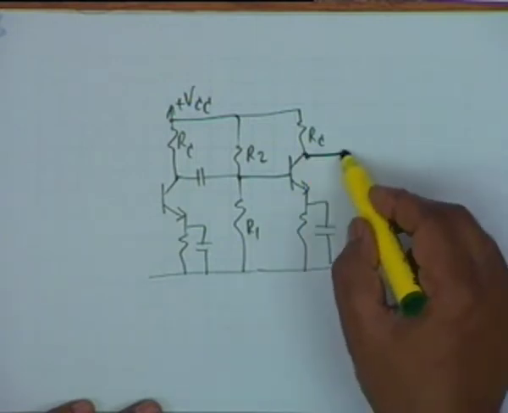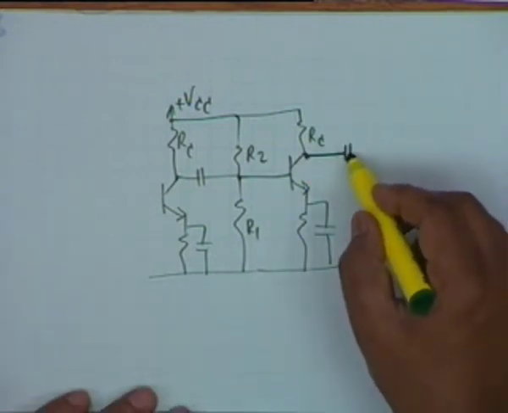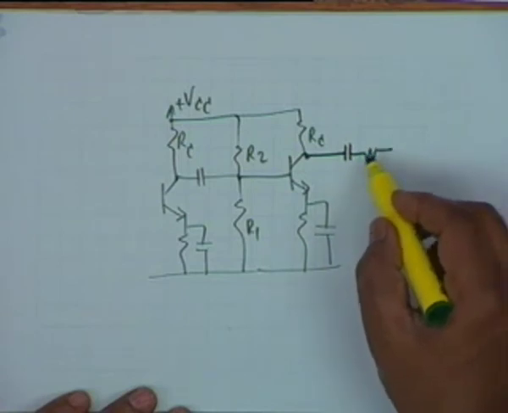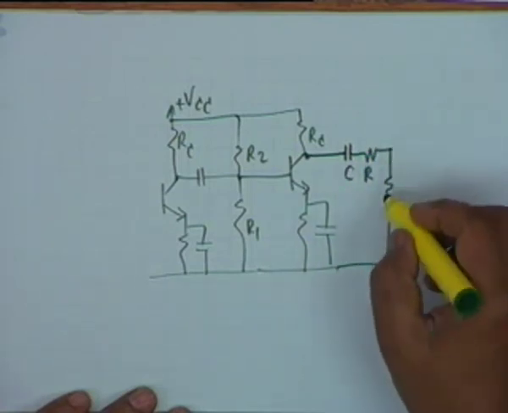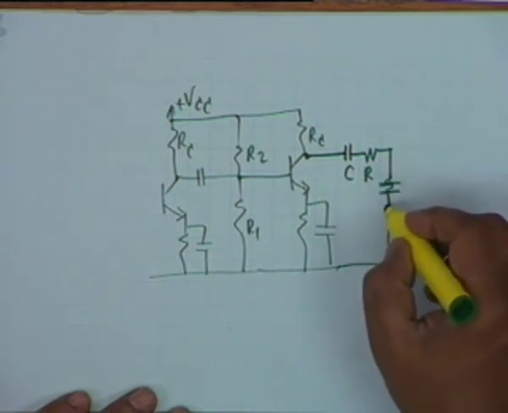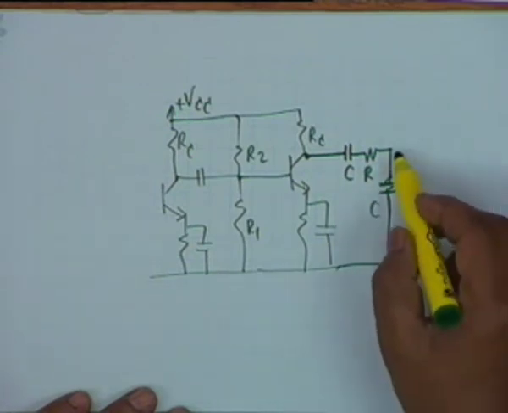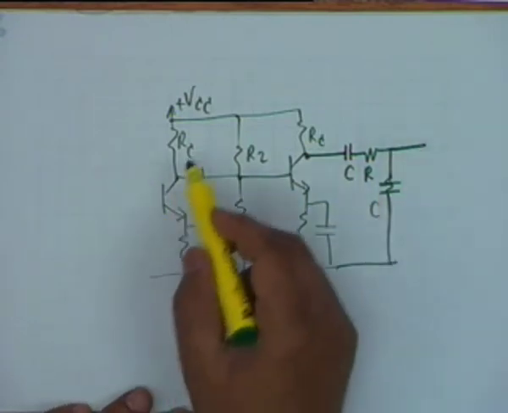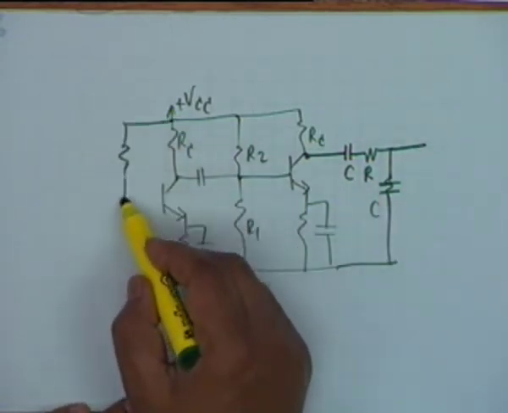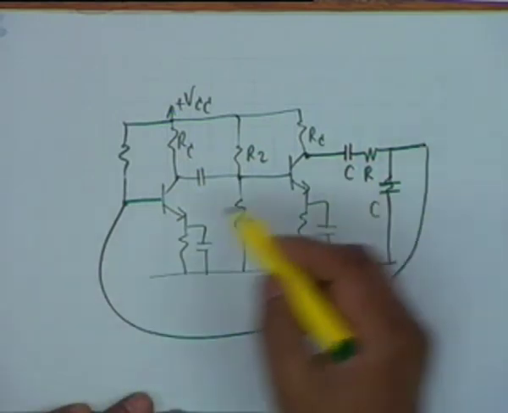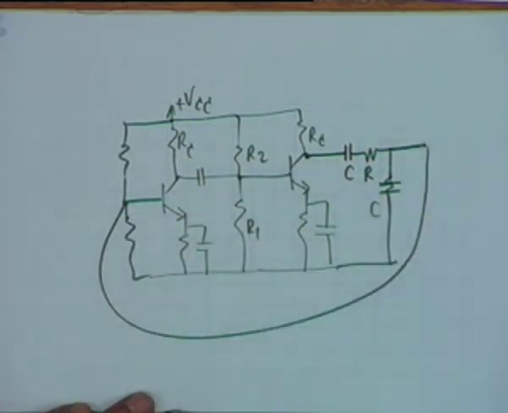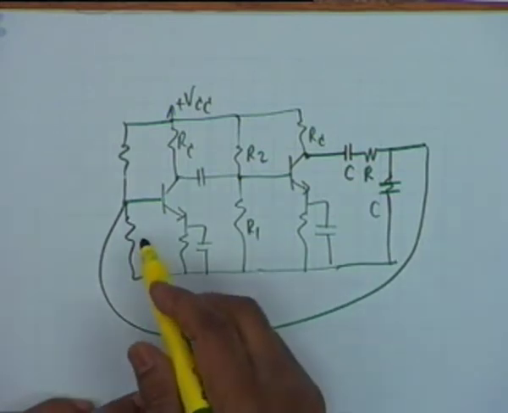Then you require the feedback circuit CR and a parallel C and a resistance. Well, once again this resistance could be the second biasing resistance required here. You might use an extra resistance, or you may not use.